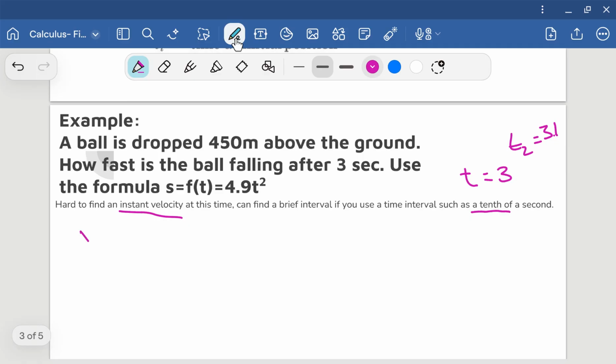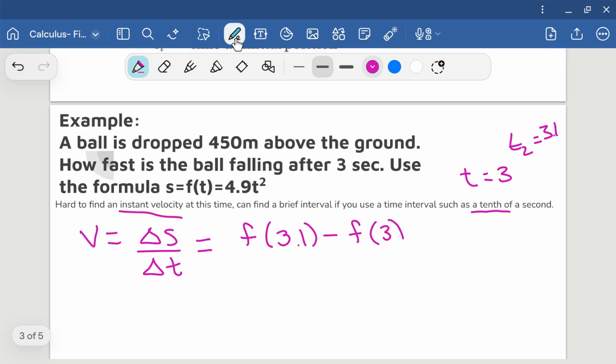So we know our velocity formula is going to be the change of distance over your change in time. So in this case, it's going to be your function at the time 3.1 minus your function at time 3 divided by the time's change, so 3.1 minus 3. So we're going to plug these values into the formula to figure out what the distance is at those times.